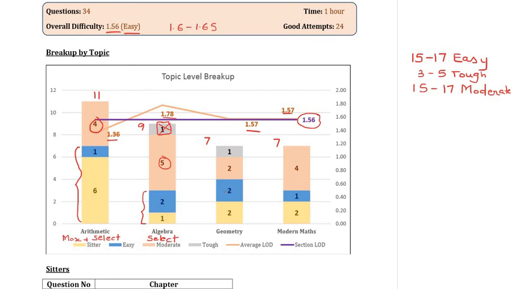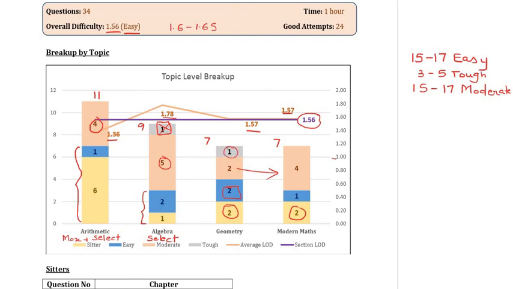When I come to geometry versus modern math, where not only is the LOD the same, the overall number of questions is the same, observe that the difference really stems from the fact that though both have the same number of sitters, that's 2, here geometry has 1 extra easy question, but fewer moderate questions and then 1 tough question.